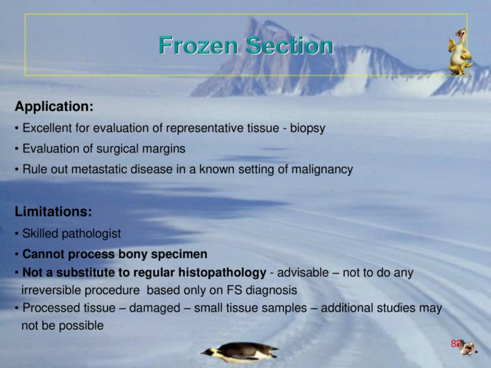You don't have to do frozen section every time you do a biopsy, but when you are not sure whether you have sampled tumor tissue, then you can send some of that sample to the frozen section and figure out whether you have sampled tumor tissue. It is also excellent for evaluation of surgical margins and also to rule out metastatic disease in a known setting of malignancy.